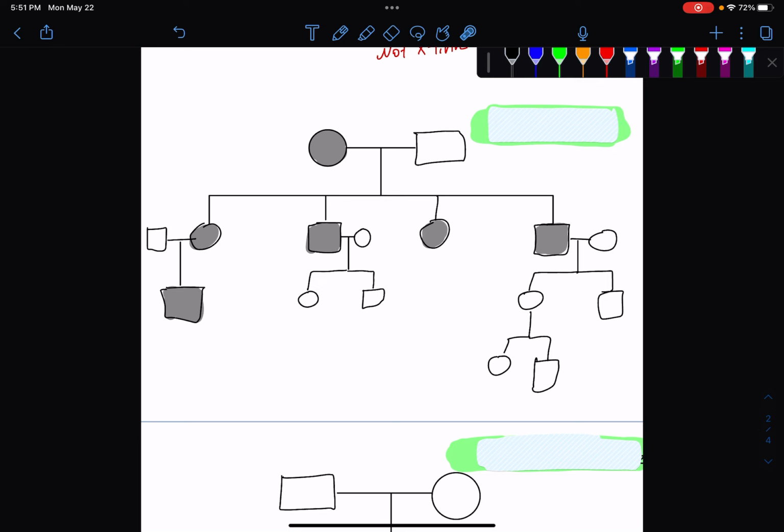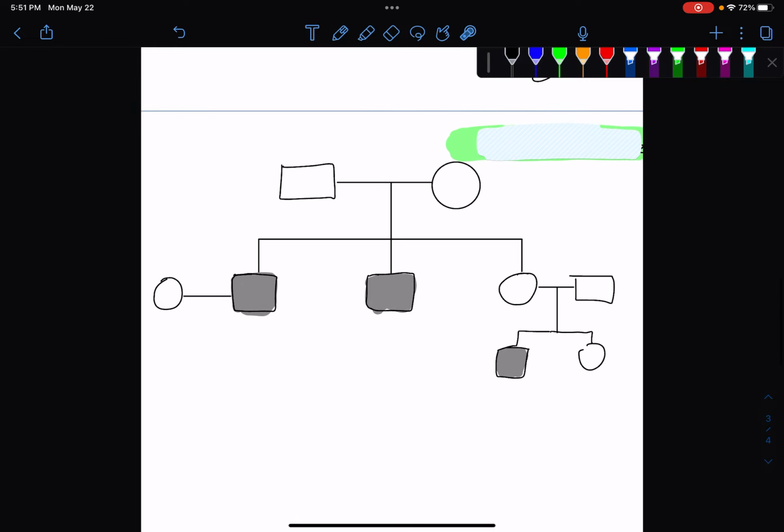So no offspring, no grandchildren. Since the grandmother was affected, and we found no sons that passed the gene to their offspring, we know it's mitochondrial.